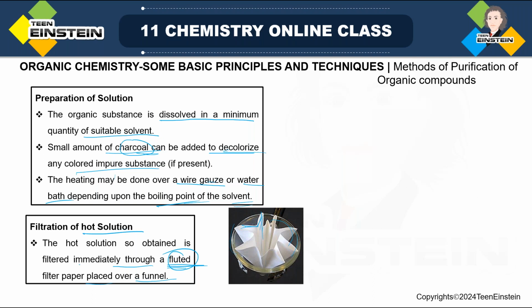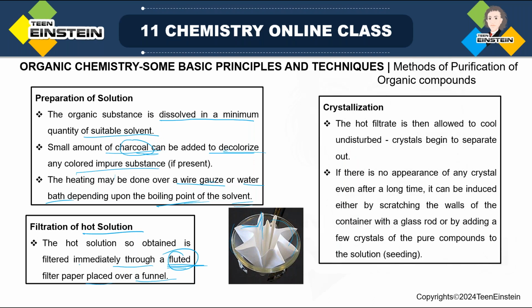So that it still remains hot, because if it takes time, some cooling may already happen and crystallization will start, which can mix with the charcoal, and we do not want that. So we want the hot solution to be filtered quickly, and that is why you have to use this fluted filter paper. Fine.